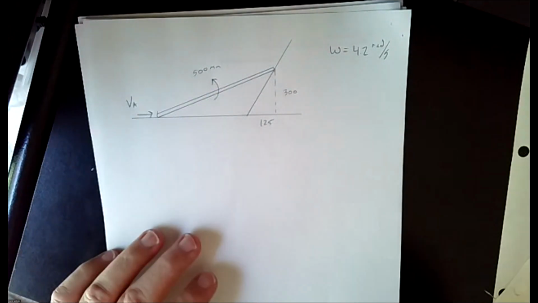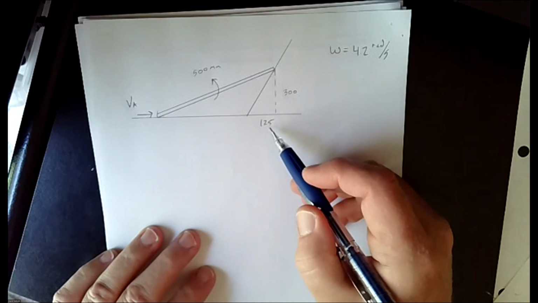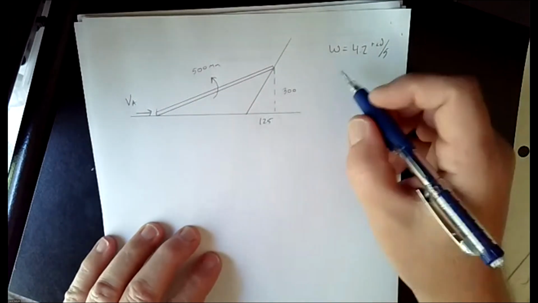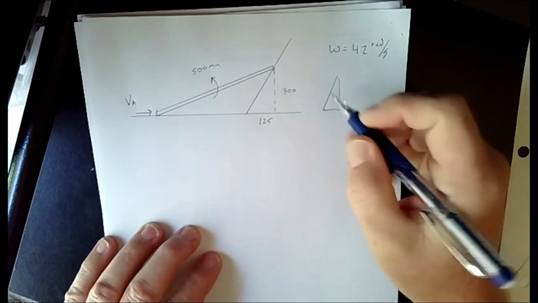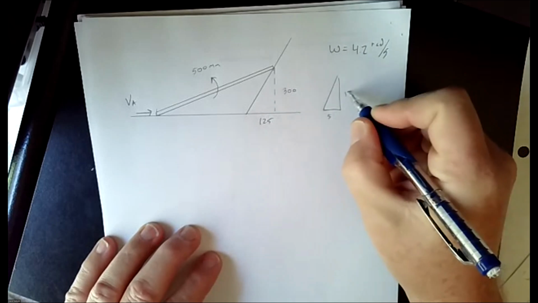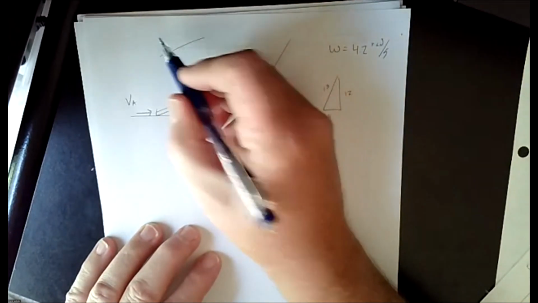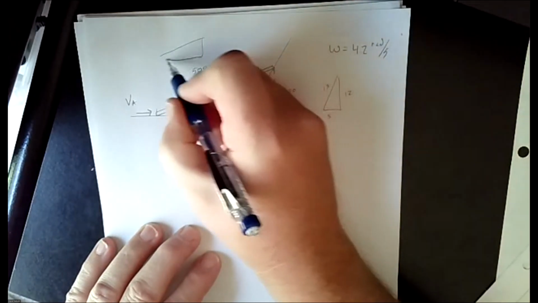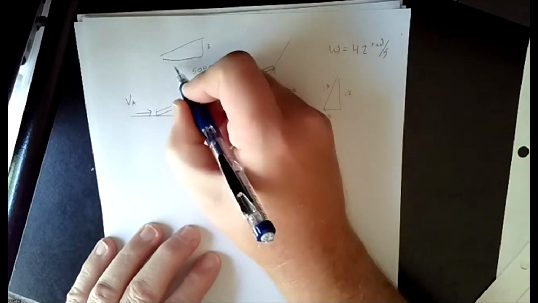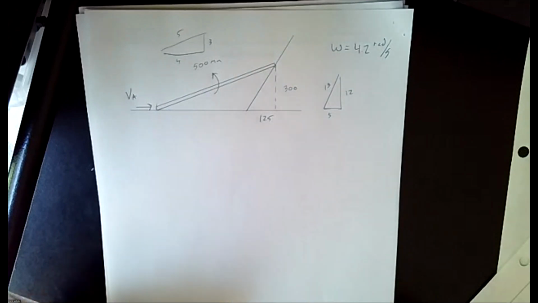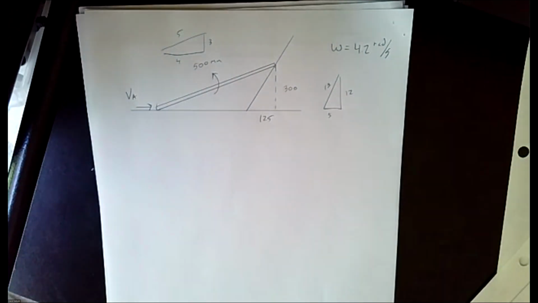And if you look close at this, the 300, 125, that makes this triangle a 5, 12, 13 triangle. And this is a 3, 4, 5. That'll come in helpful when we're going through the process.